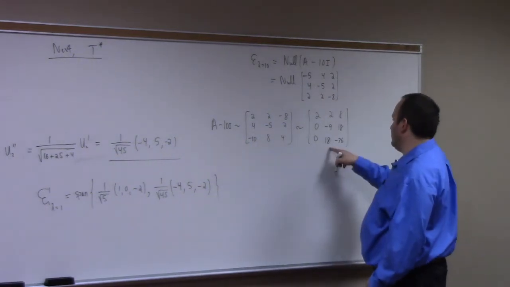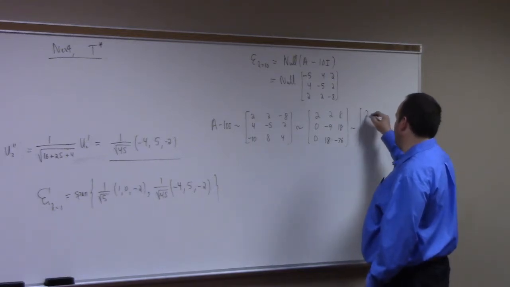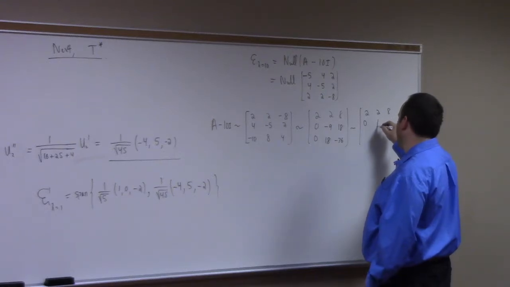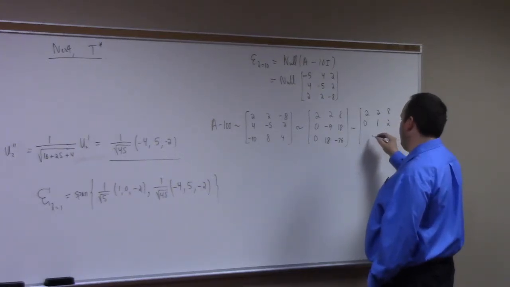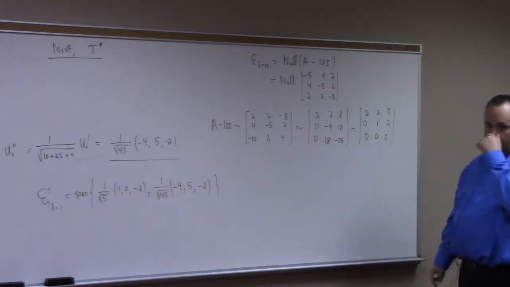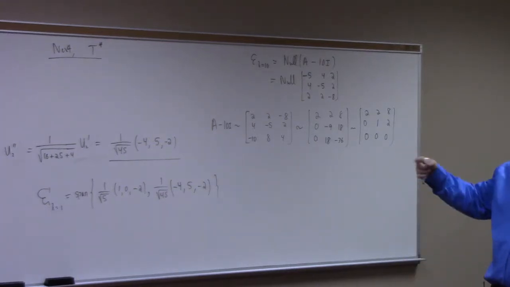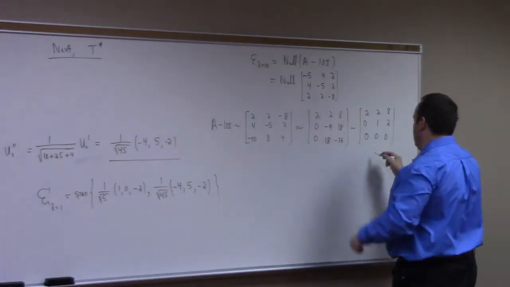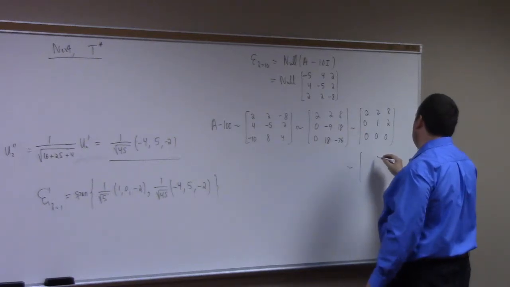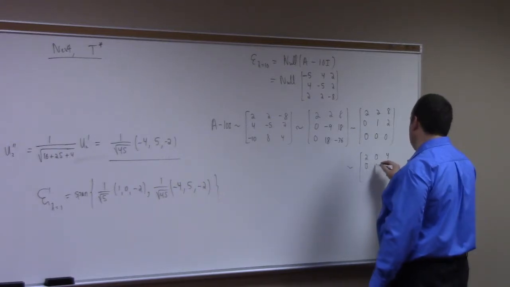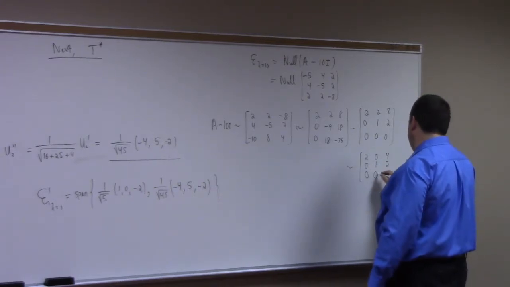So this, of course, is equivalent to, because these are the same row multiplied, right? Minus 2 times row 2 is row 3, so we can get rid of row 3. And then, let's see here, 2, 0, 4, 0, 1, 2. I think that's it.